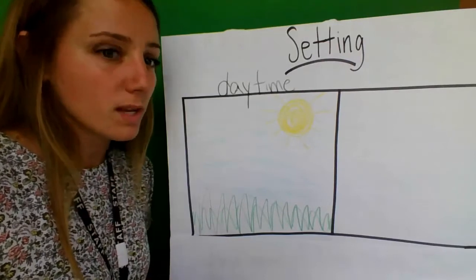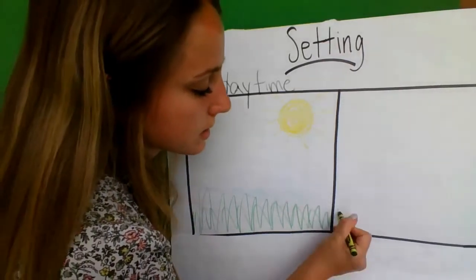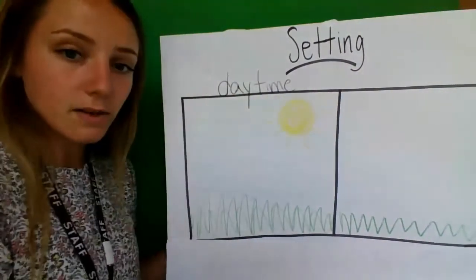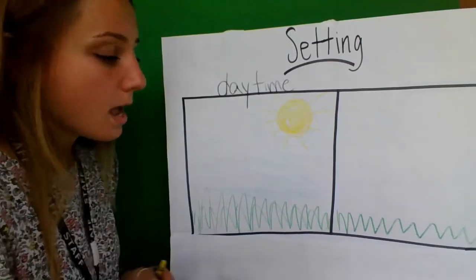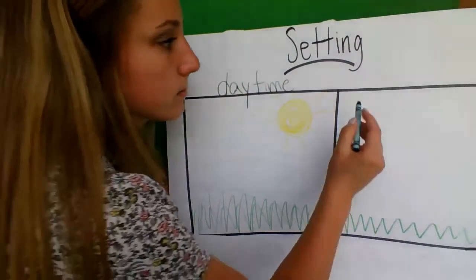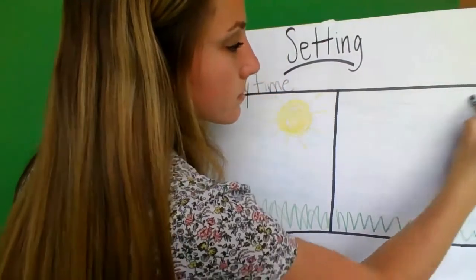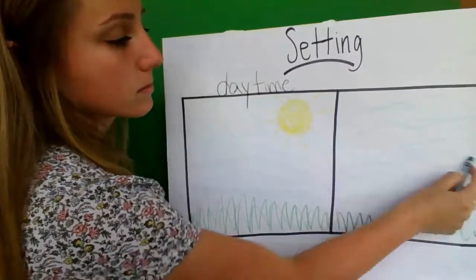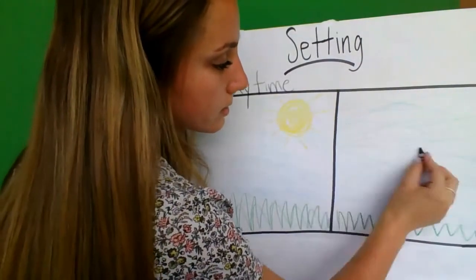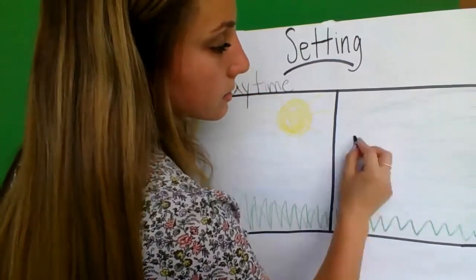I want to see if you can guess it before I give it away, okay? So I'm still going to draw some grass down there, okay? I'm going to draw some of the sky. But I'm going to add in some darkness here.